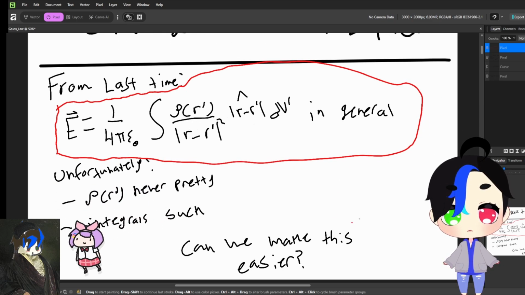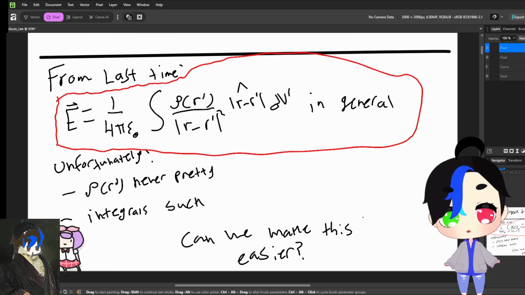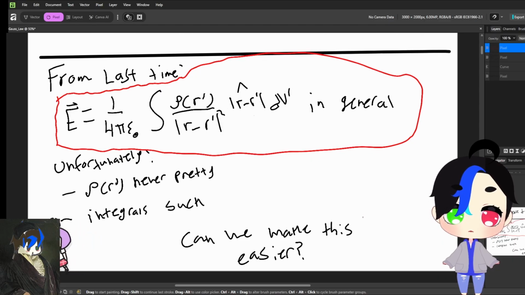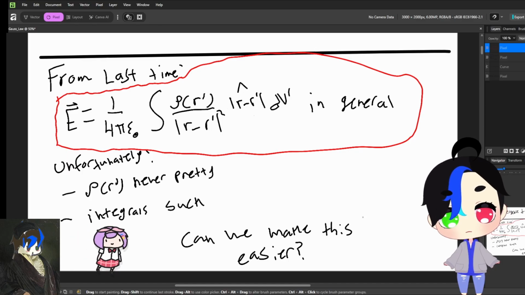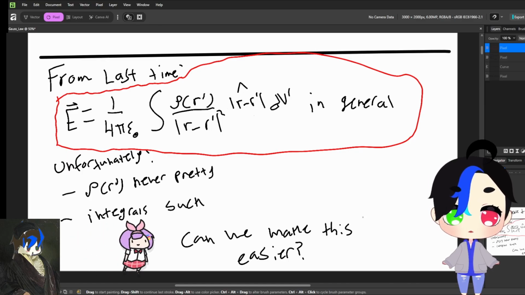However, as we saw from last time as well, there are two issues with this method. One, rho of r is never really pretty in reality. You can talk about line charges and certain sheets of charge, but most of the time it's some amorphous blob.